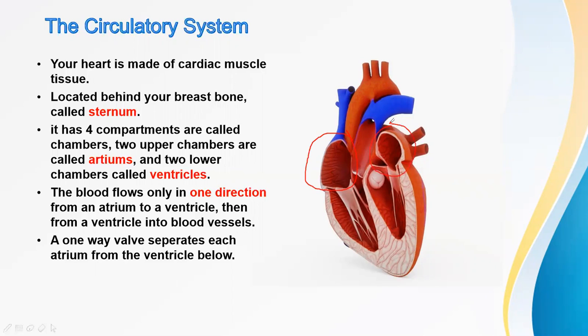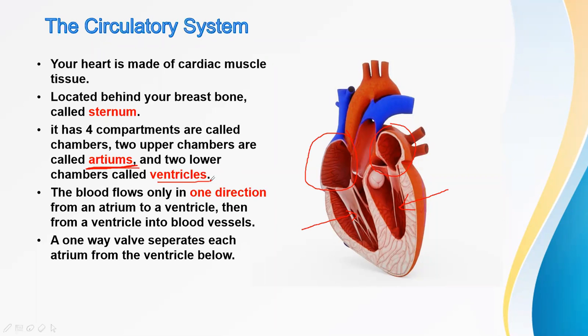These two upper chambers are called atriums. Atrium. The other two lower chambers, these and these, are both called ventricles.